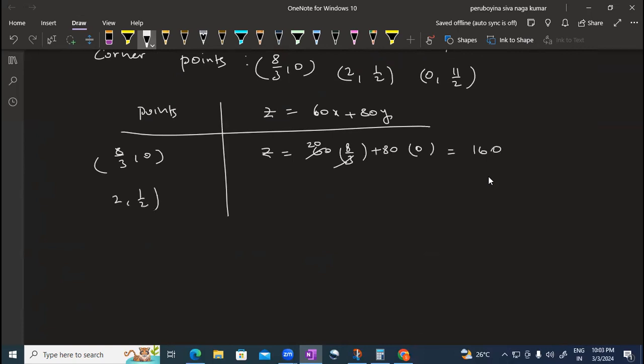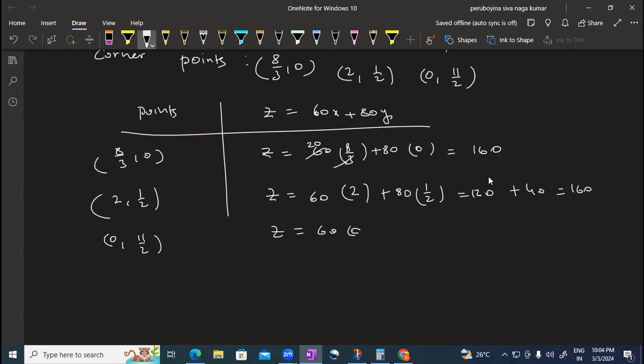And 2 comma 1 by 2. So the G value is equal to 60 into 2 plus 80 into 1 by 2. 60 into 2 is 120 plus 40, 160 again. So 0 comma 11 by 2: G is equal to 60 into 0 plus 80 into 11 by 2, it's 440 rupees.